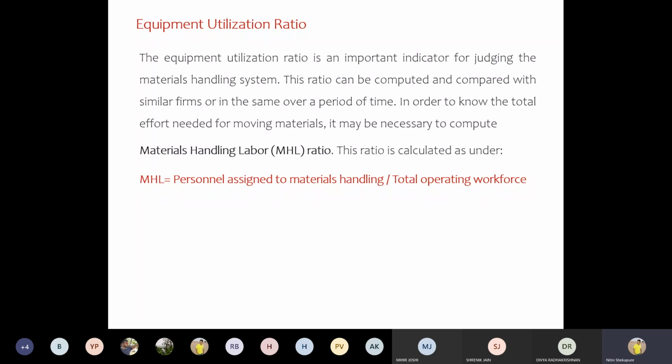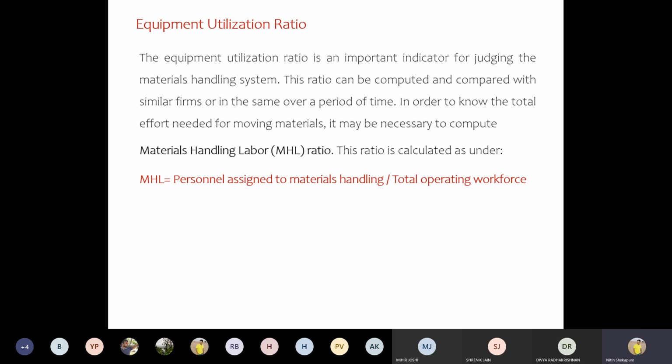MHL, the material handling labor ratio, should look better for the outside agency, and we need to maximize this ratio considering the internal side. That's why, as soon as the project goes away, people are told to leave the job, they get removed from the job. Okay, such things started happening. So ultimately the simple phenomenon is that for personnel assigned to material handling, suppose the capacity of that person is 10 kg and your total working load is 100 kg, so you require 10 people.